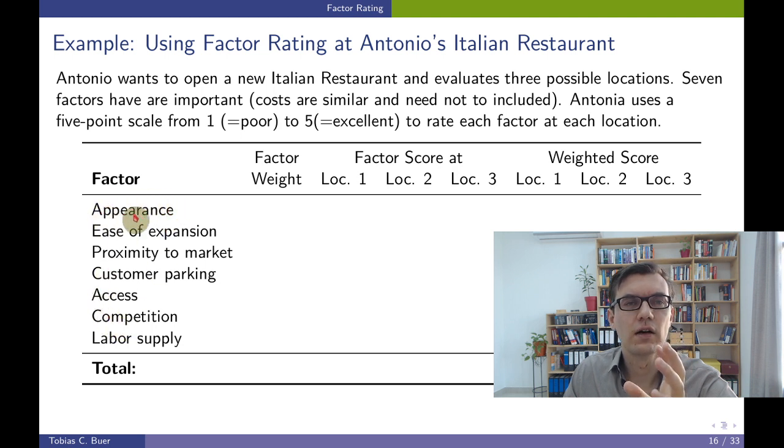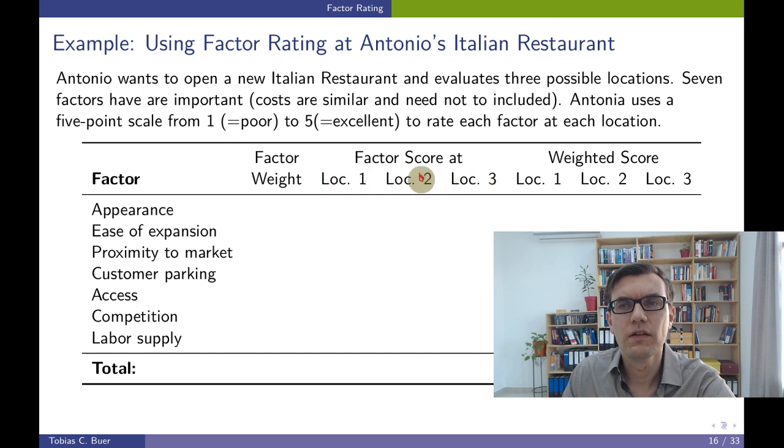The factors are appearance of the place, ease of expansion, proximity to market, customer parking, access to the location. For example, how easy is it to enter the place if you are bound to a wheelchair or if you have a stroller. What is the competition and how good is the labor supply?